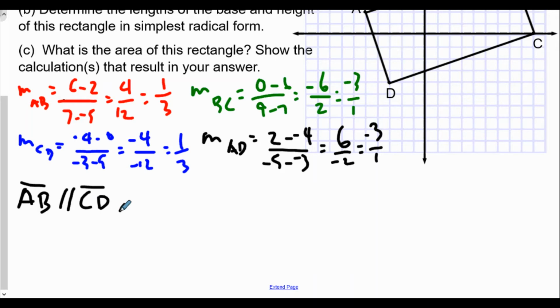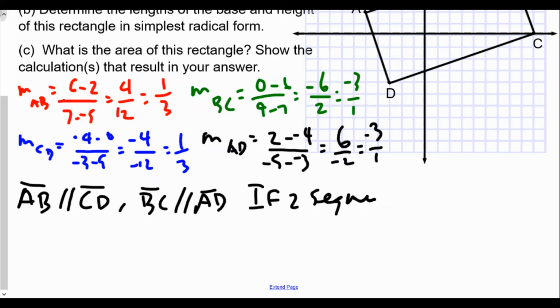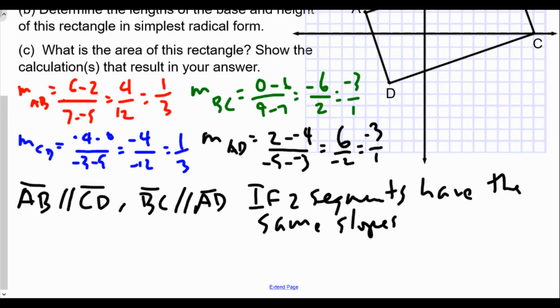And not only that, we're also going to say that BC is parallel to AD. And our reason: if two segments have equal slopes, have the same slopes, then they are parallel.